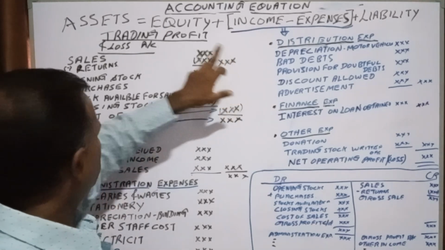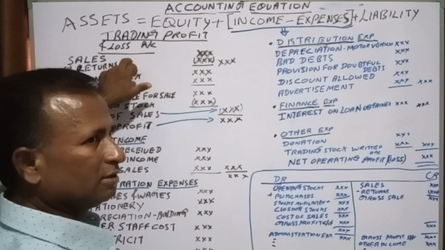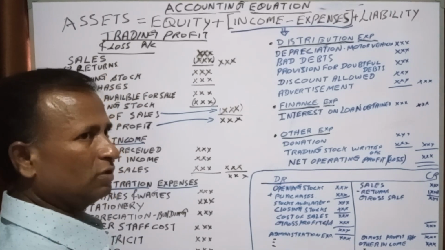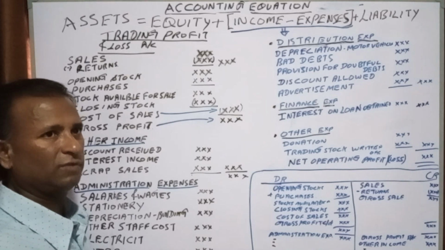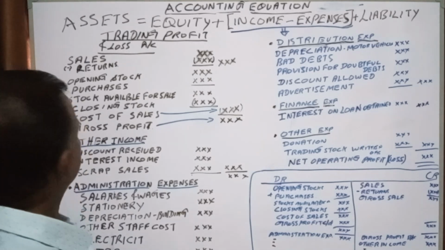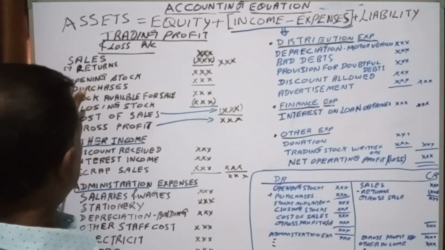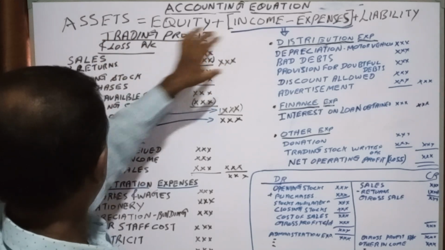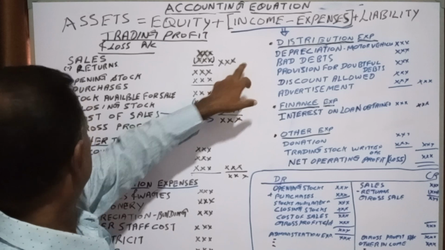Otherwise, if we don't deduct the sales return, then we are overstating our sales as well as our income. This is the separate one: sales minus returns, gross sales.